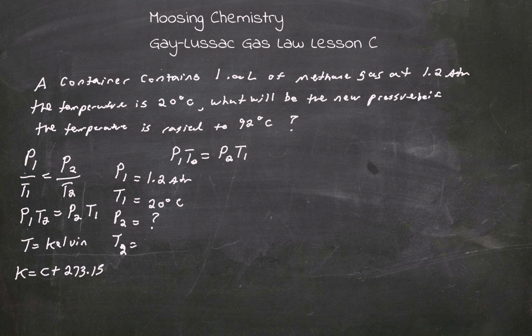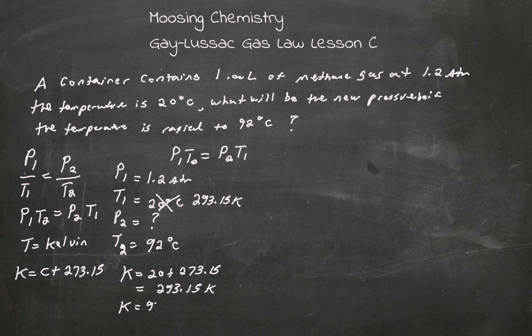We're looking for the new pressure. And our new temperature was 92 degrees Celsius. I can't have that one either. So it looks like we're going to have to do a double conversion. So K equals 20 plus 273.15. That's going to give me 293.15 K. So that's our first temperature. Okay, let's look at our second one.